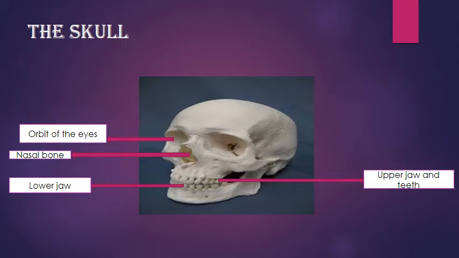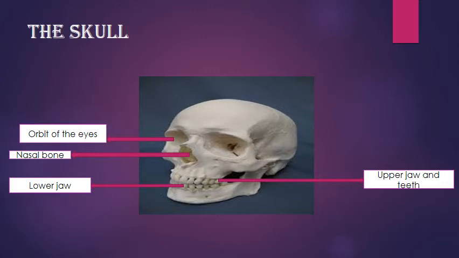Now in our skull, there is only one bone which can move, that is the lower jaw. As you can see in the picture, this is where the lower jaw is. With the help of this bone we eat or we talk.